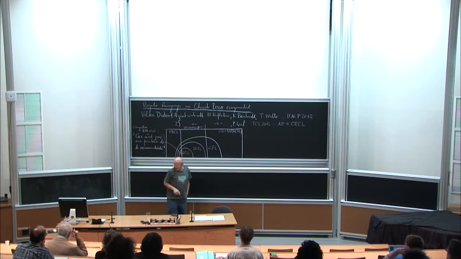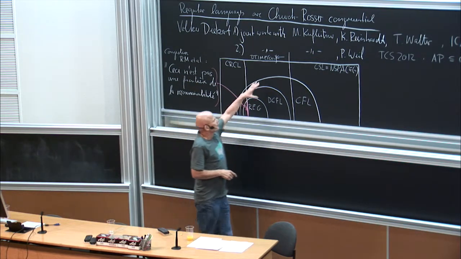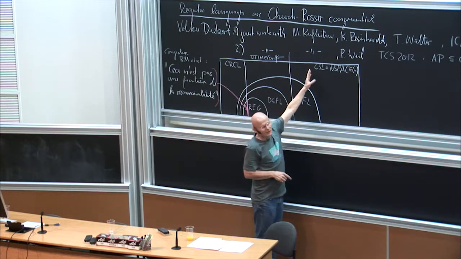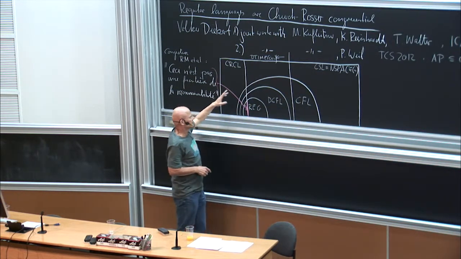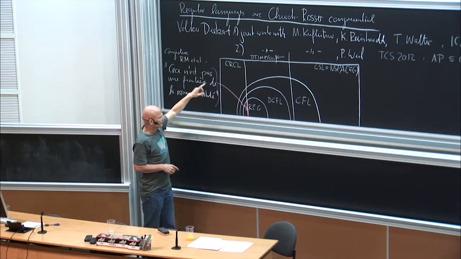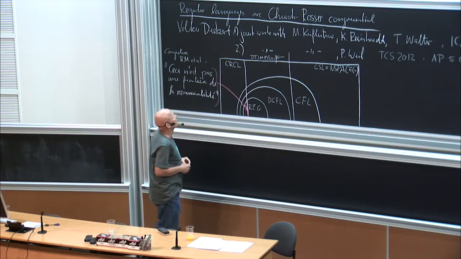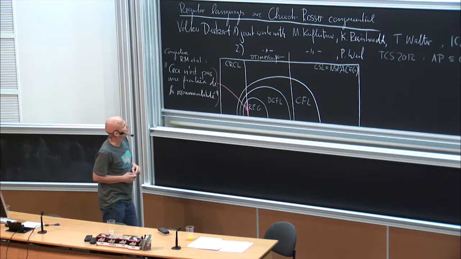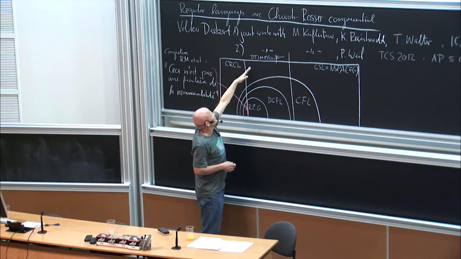You will know the standard notions from formal languages. So everything is in the context-sensitive languages, and there we have context-free languages, we have deterministic context-free languages, and we have regular languages. That's well known. Now, inside this class, you have these languages which can be decided in time O of n.